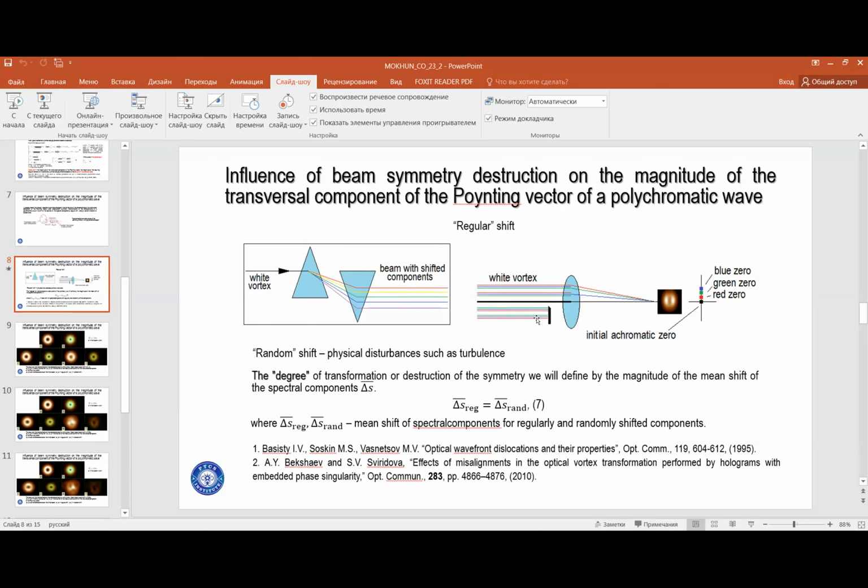White vortex may be easily obtained, and we can see such shift of the corresponding spectral components, and we can estimate at least the intensity distribution. Thank you, Igor. Thank you for a good presentation.